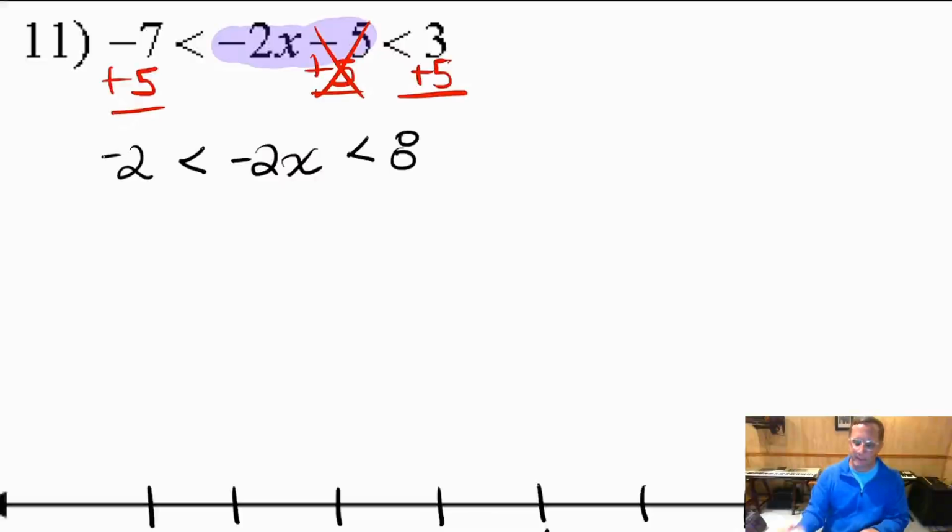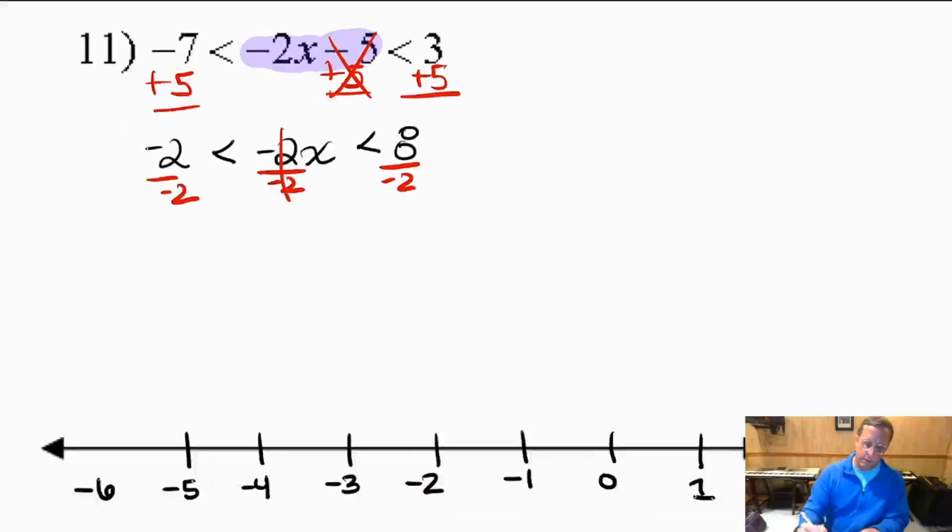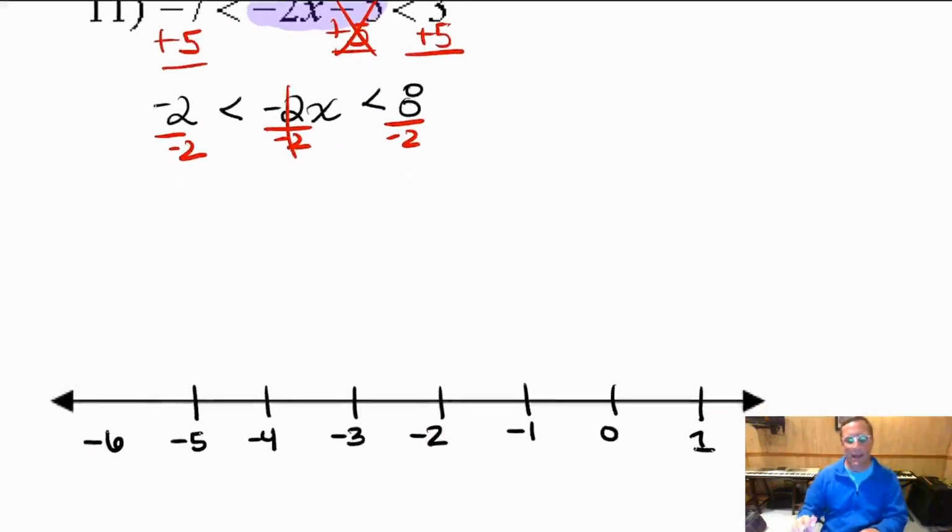All right, now we're going to divide everything by negative 2. Everything, right? Those cancel off. Now, since we're dividing everything by a negative, the inequality signs are going to flip around. So negative 2 divided by negative 2 is positive 1. I'm going to flip that to greater than. X is now in the middle.